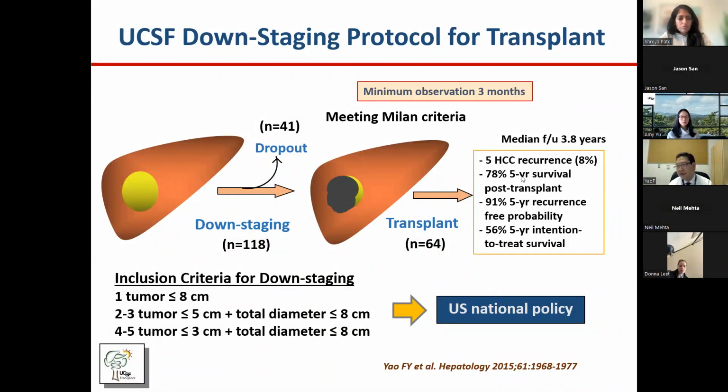And our outcomes are very good after a median follow-up of close to 4 years: less than 10% recurrence, 5-year post-transplant survival is 78%, recurrence-free probability over 90%, and then intention-to-treat survival at 5 years was respectable at 56%, which takes into consideration waitlist mortality.